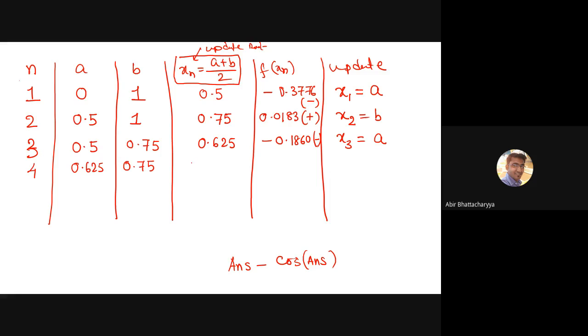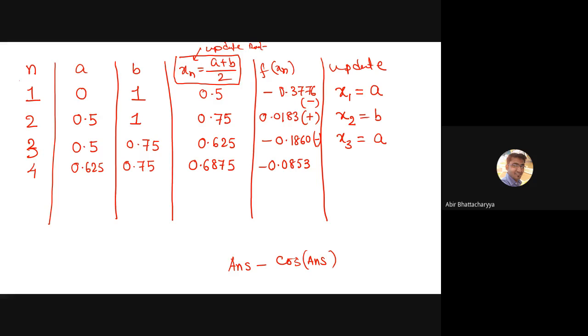What is the midpoint of 0.625 and 0.75? The midpoint is 0.6875. And what is f of x4? I'm writing minus 0.085.